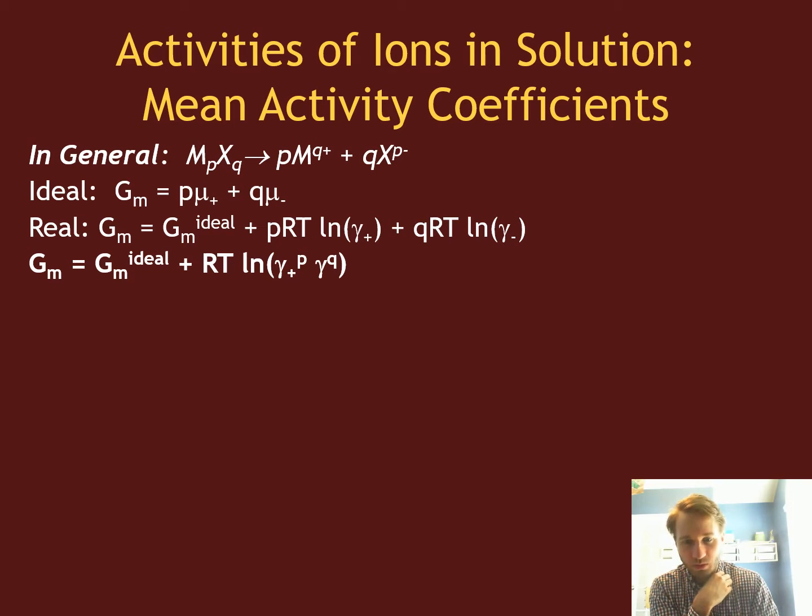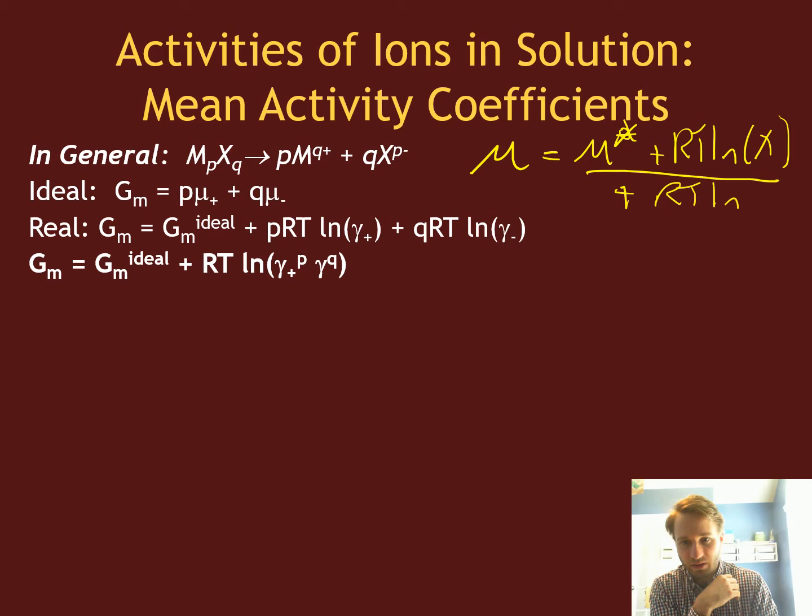Recall that the chemical potential is the standard chemical potential plus RT ln of the mole fraction, which is your ideal case, and then on top of that RT ln gamma, which is all of your non-ideal behavior.